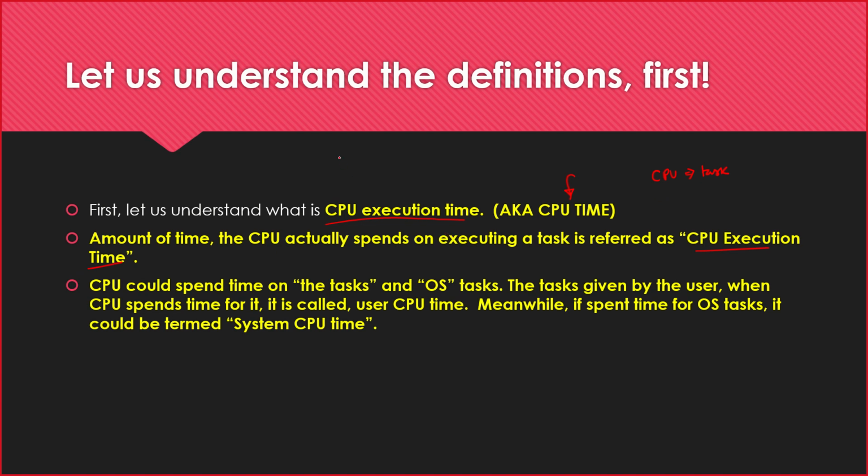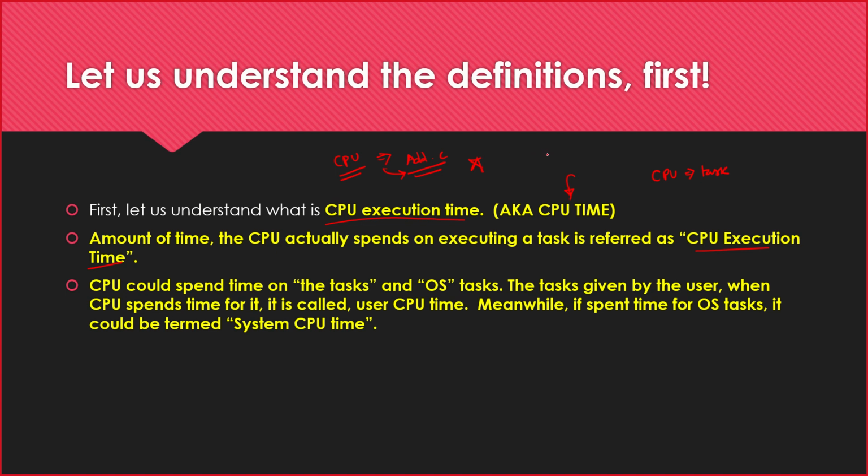Now, the CPU is not just executing the tasks that you have given it. Remember it, you are running a code, for example, an addition program called add.c. Is it the only task the CPU is running? Not at all. It is also running multiple tasks in parallel in the background, and you should understand that they are called the operating system tasks.